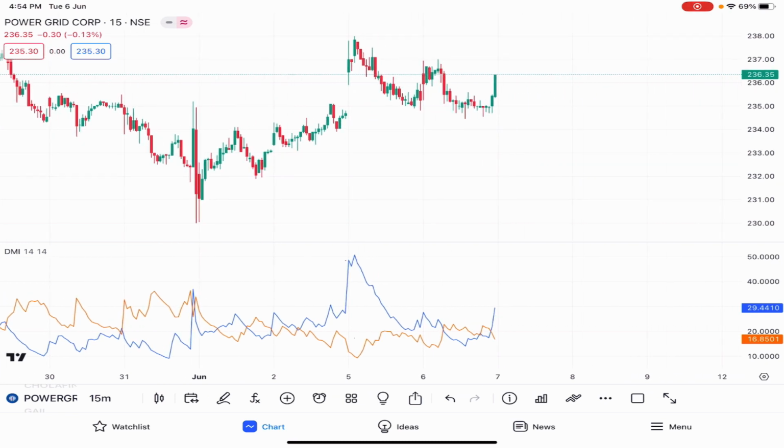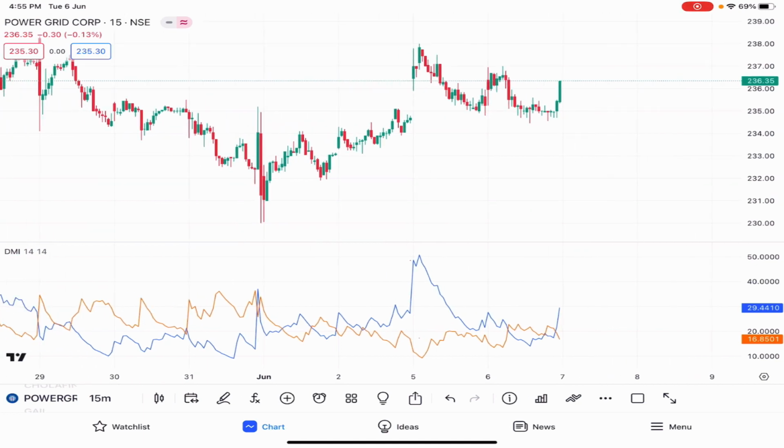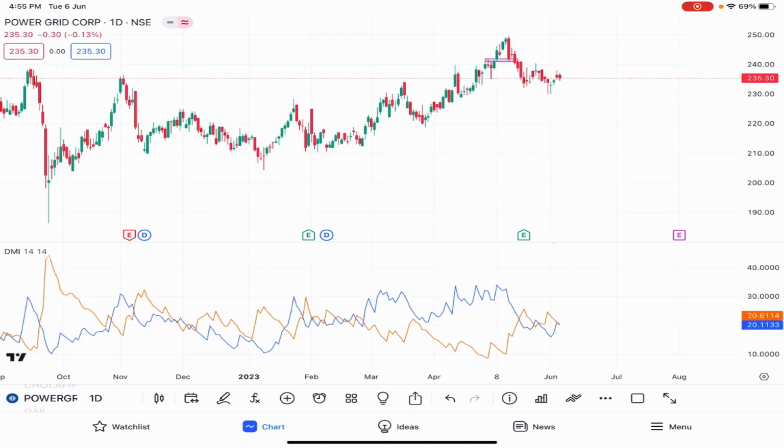Now how do people actually use the DMI? The way I have explained, that is how they are going to use it. Right now, whatever I explained, you know how to use that. Now, what are the various ways in which a person can use DMI? Let me go to my daily chart and I'll try to explain it in a better sense.